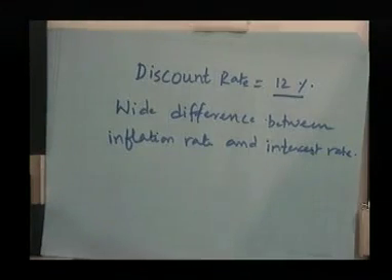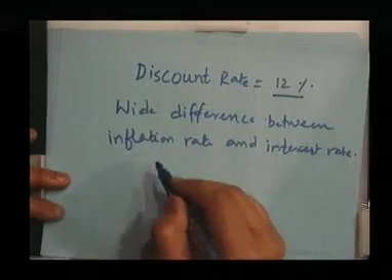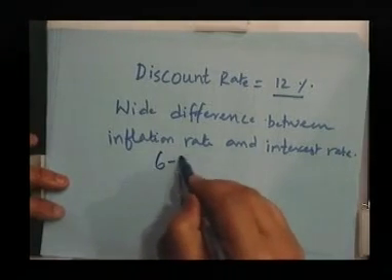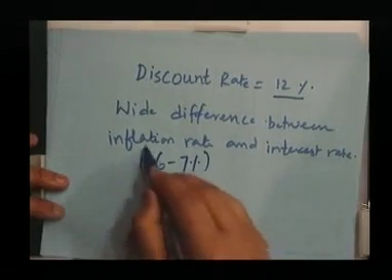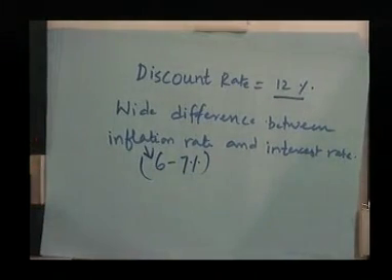In some African countries, you will find that the rate of inflation is very, very high. Here in India right now we have an inflation rate of about 6 to 7%. It keeps on varying. For example, just 3-4 months back it was running in double digits. That means it was about 12 to 13%.